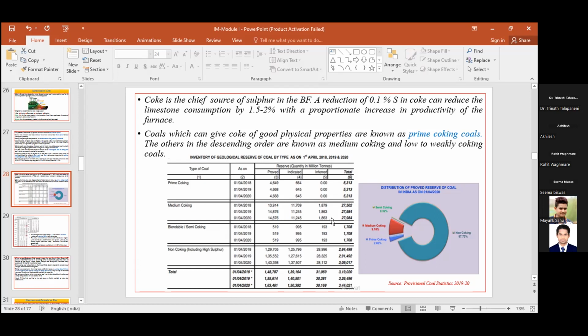Medium coking coals, we have 27,984 million tons. And semi-coking coals, we have 1,708 million tons. And non-coking coals, you see, there is a huge quantity of non-coking coal deposits in our country. 3 lakh million tons of non-coking coals are present.